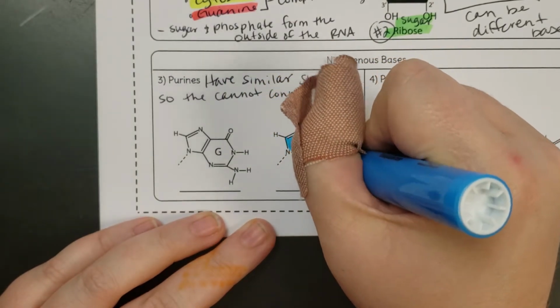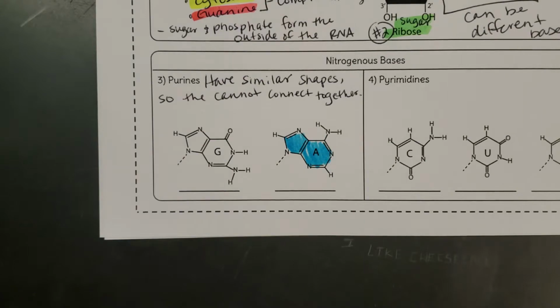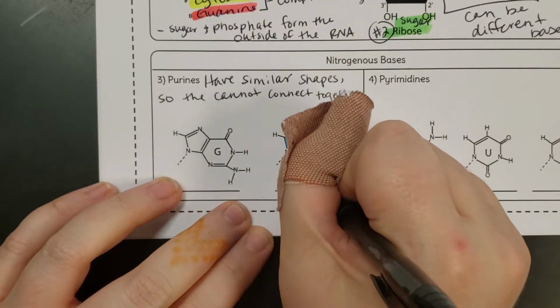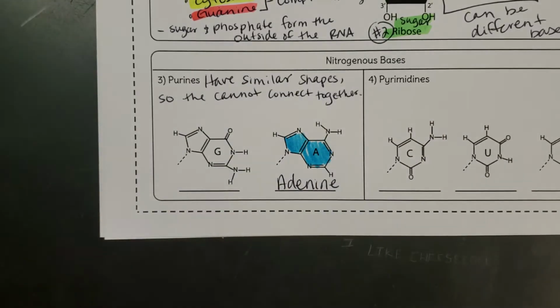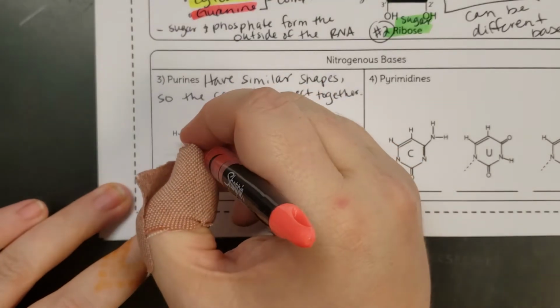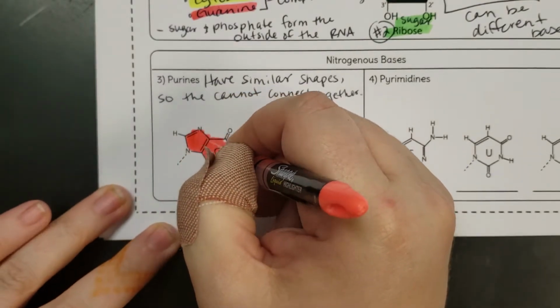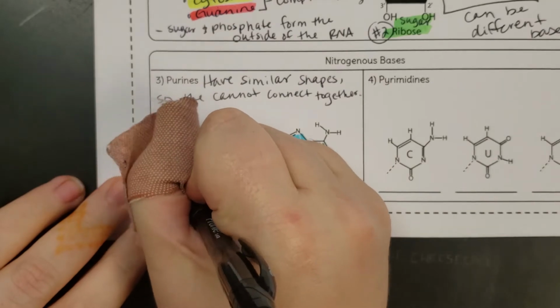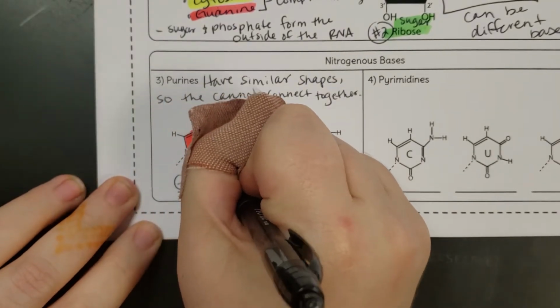Okay, so we're gonna color this blue because our A is for adenine. And then our G, we're gonna color pink. And this is our guanine, okay?